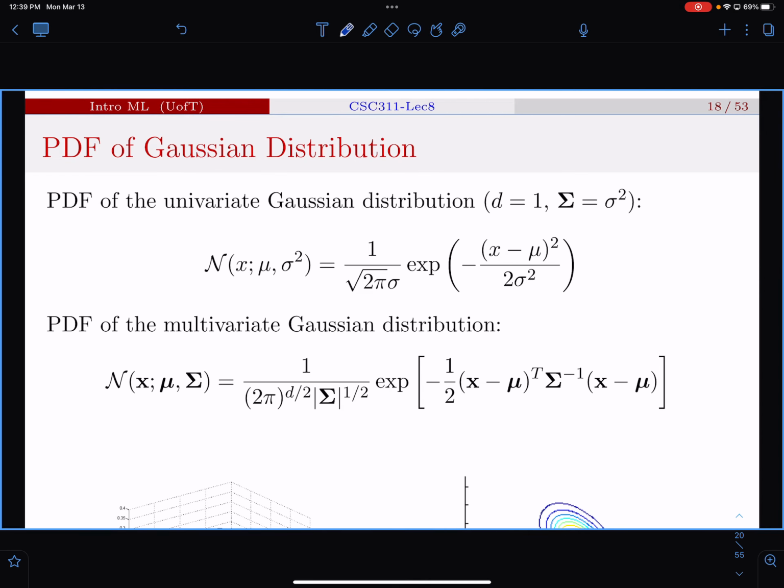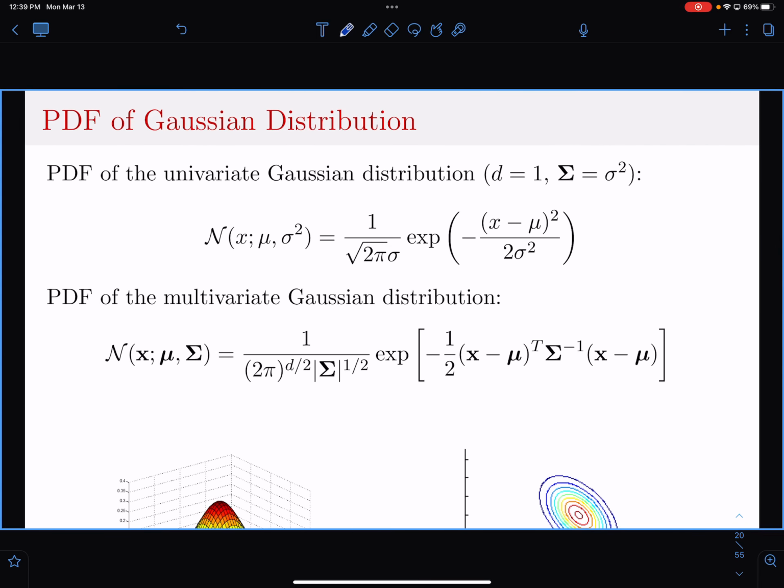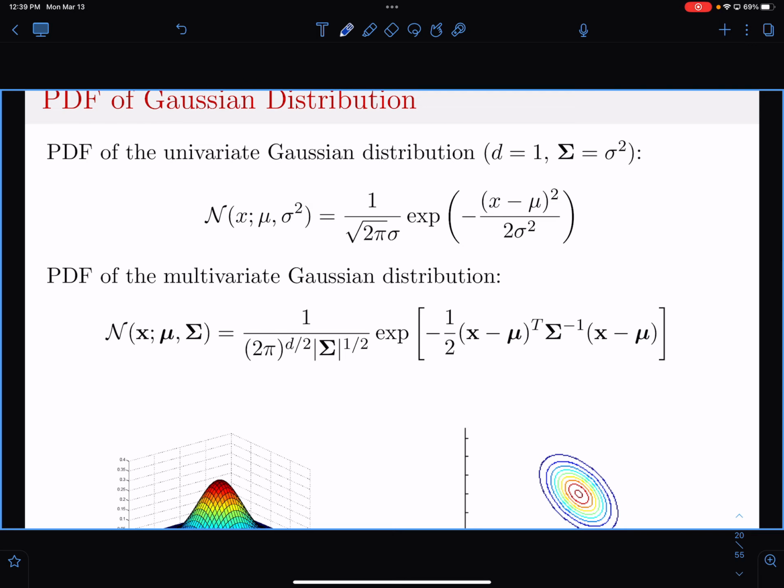The probability density function of the multivariate Gaussian is roughly analogous to the univariate one. Now we have this mess of symbols, but each of the terms roughly corresponds to the terms from this earlier expression. If you take the n equals 1 case, for instance, the sigma inverse matrix ends up just going in the denominator, so we would just have a sigma squared term here.